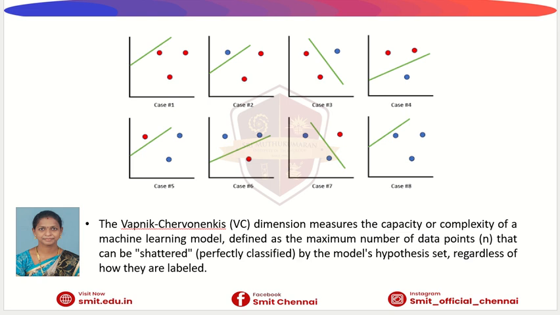The 8 cases shown in the image demonstrate that a straight line can correctly separate every possible combination of red and blue labels. In cases 1 and 8, all points are the same color, all red or all blue. Cases 2 to 7 are various combinations where one point is one color and the other two are another color.